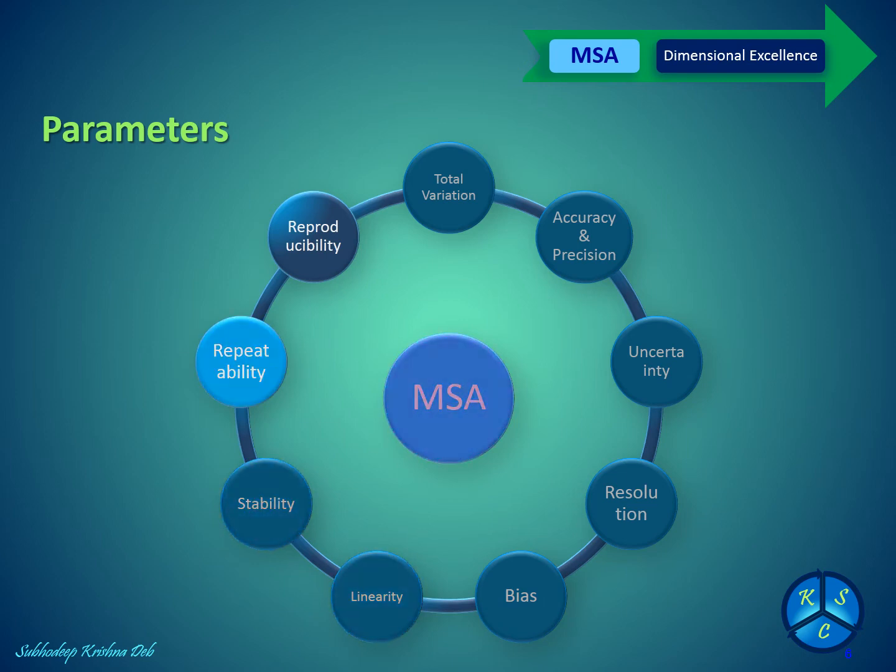In the second part of the video, we have understood the bias, linearity, stability, repeatability and reproducibility. Then we have also understood the correlation between all the parameters that we have studied. In this phase, we have also understood how these are important in our measurement system and how they affect our measurement system and what is to be interpreted through all these parameters.